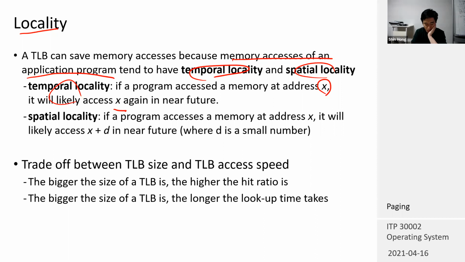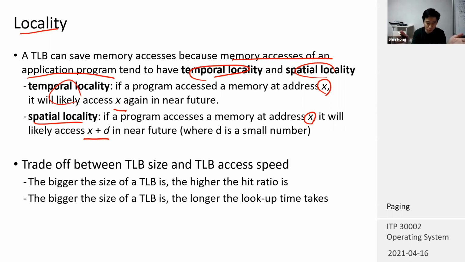Another thing, similar to temporal locality but different, is spatial locality. If a program accesses memory at address X, then it is very likely to access X plus D, where D is a small number. That means if it accesses a memory location, it is very likely to access memory nearby the previously accessed address in the near future.